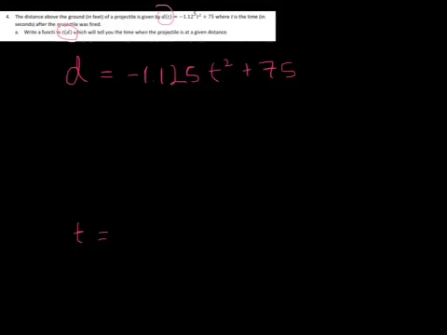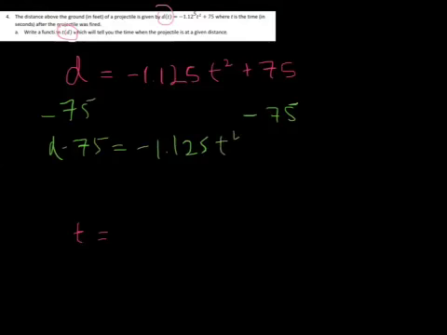So we need to solve for t, and we will of course subtract 75 on both sides. So d minus 75 is equivalent to negative 1.125 t squared.